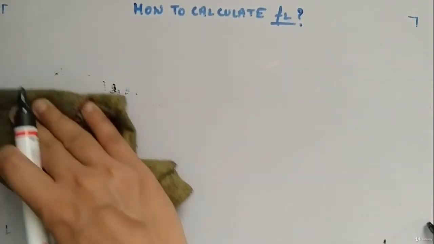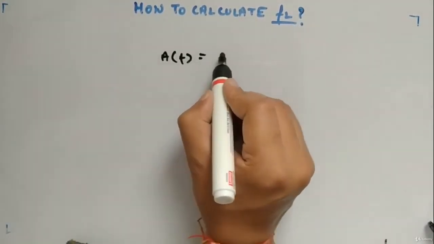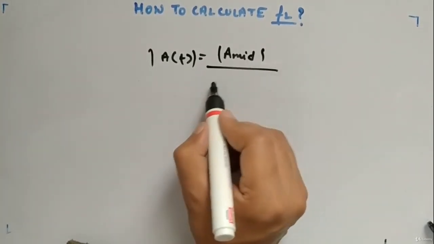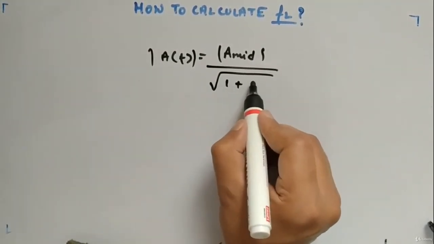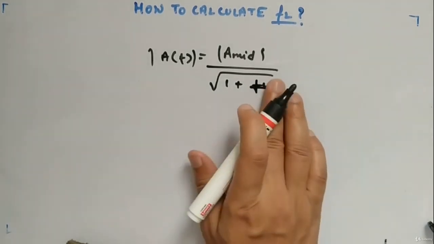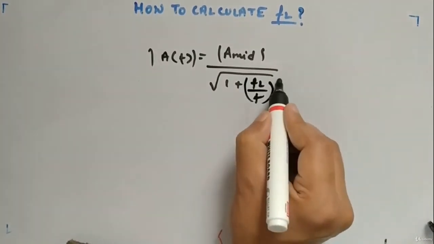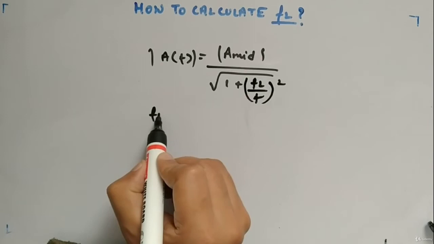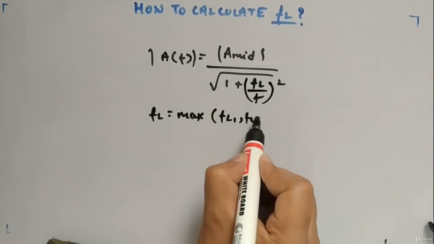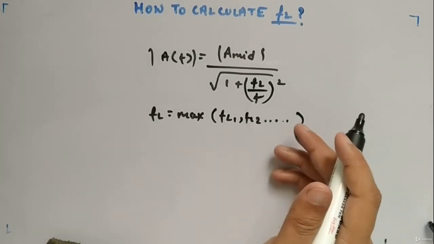Now once you calculate the value of FL, you have this gain. A of F is equal to A midband magnitude divided by under root of 1 plus (FL divided by F) whole square. So this FL will be max of FL1, FL2, and so on, depending upon how many capacitors you have.